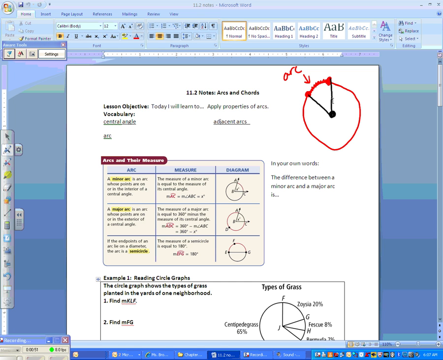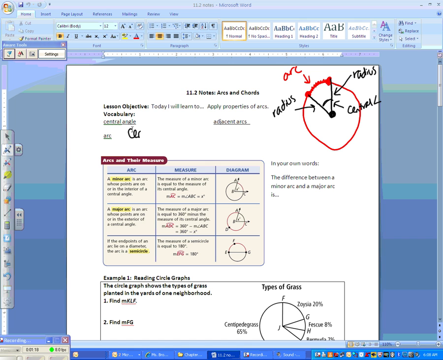When we have a radius, meaning it goes from the outer part of the circle into the center, this is a radius, and this is a radius. When two radii form what happens in the middle, this part right here is called the central angle. The relationship between the central angle and the arc is that they're always congruent.